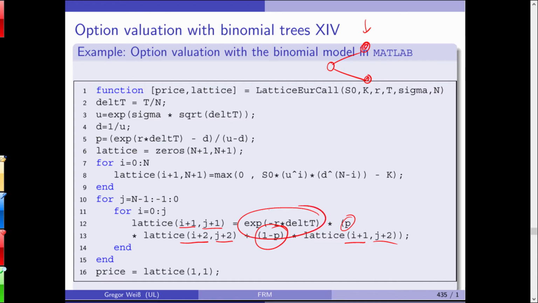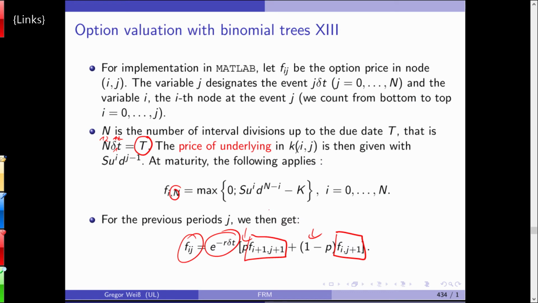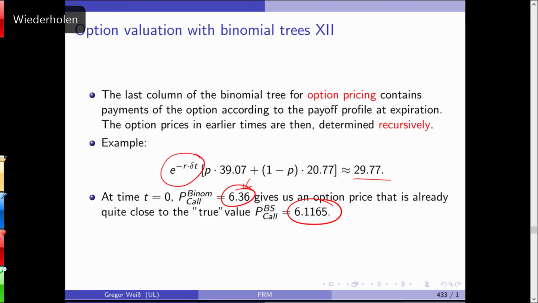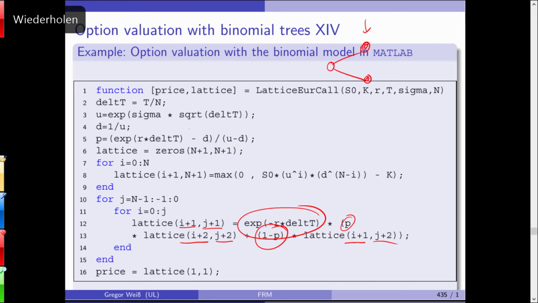This is again risk-neutral pricing. And then we do this from right to left until we get to the very first column, and the price of the option is just the value of the lattice at 0.11, the very first entry in this vector or matrix.